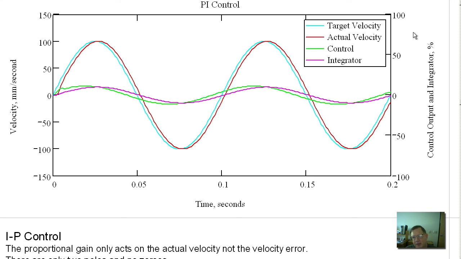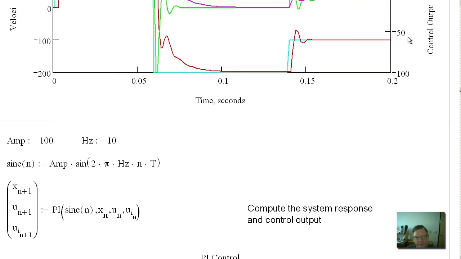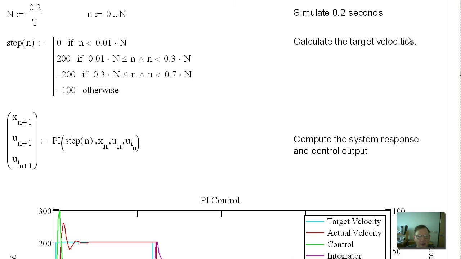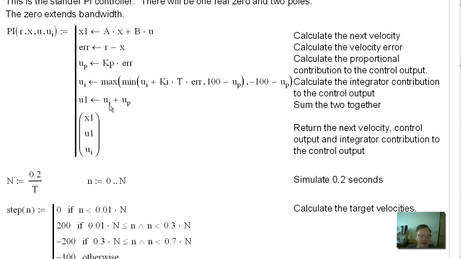One other item that I'd like to point out is that a properly implemented PID or PI should have the Ki gain multiplied by the sample time.